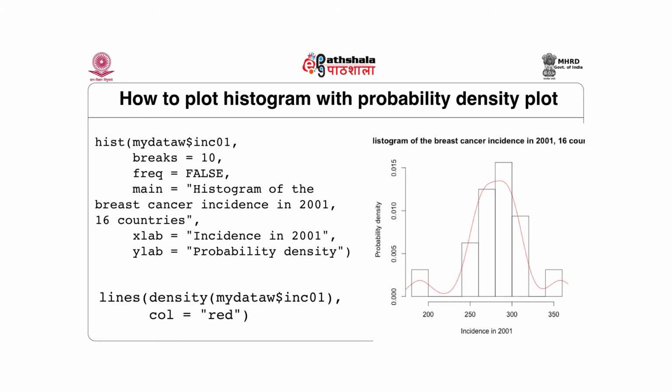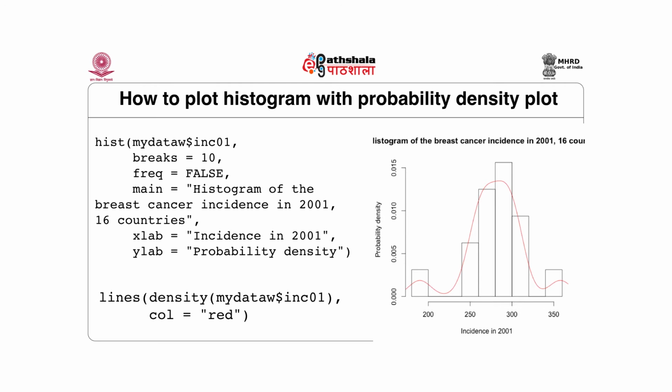In this particular case, you can actually take a variable directly from the data set and put it in. For example, we just wanted to plot a histogram for a continuously distributed variable, which is INCO1, which stood for incidence rate for the year 2001. And this was a continuous variable directly referenced from the data set. And then we decided to draw a histogram out of that.